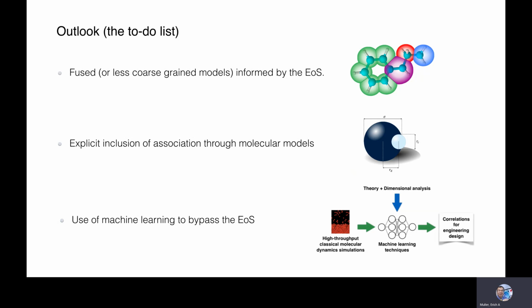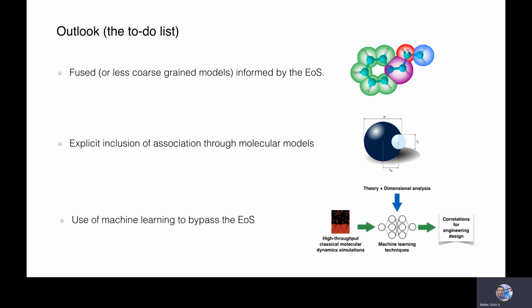And the other one, which is somehow shameful, is that the equation of state is actually an equation of state for associating fluids. It's called the statistical associating fluid theory. The information about how to include association terms is built into the equation. So nothing stops us from thinking about coarse-grained models with sticky sites, which can mimic association models. That can definitely be done, and it's actually work in progress.